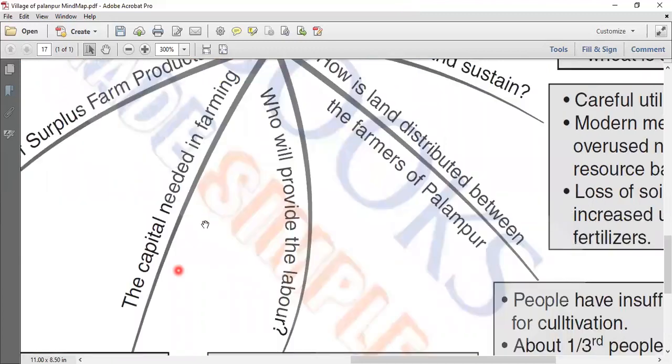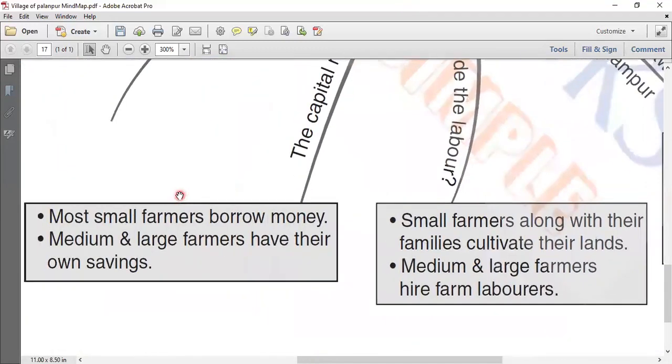Then we spoke about the capital that is needed in farming. Most small farmers borrow money from the big farmers, and medium and large farmers have their own savings, so they don't need to borrow money. But why don't these small farmers go to the banks? Because A, most of them are unaware.